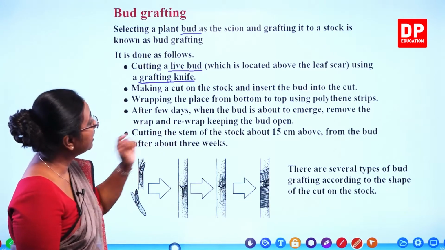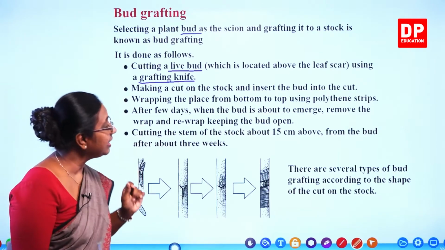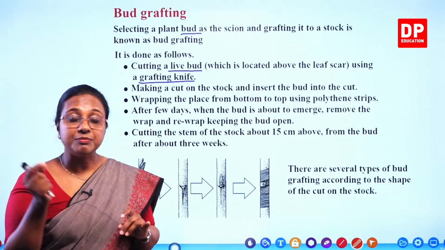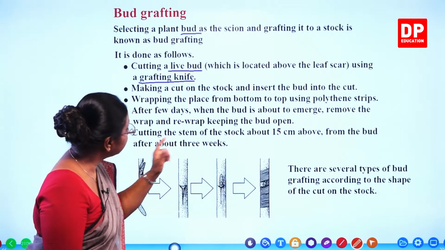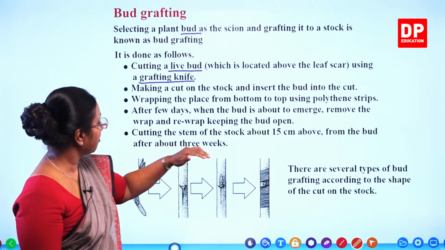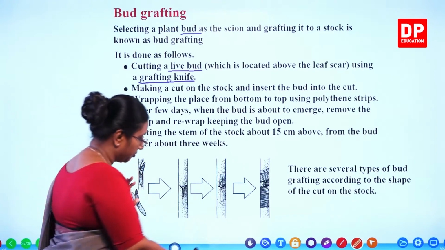After a few days, when the bud is about to emerge, remove the wrap and re-wrap, keeping the bud open. I will explain all that. Then cut the stem of the stalk about 15 cm above the bud after about 3 weeks. So, that is the process.